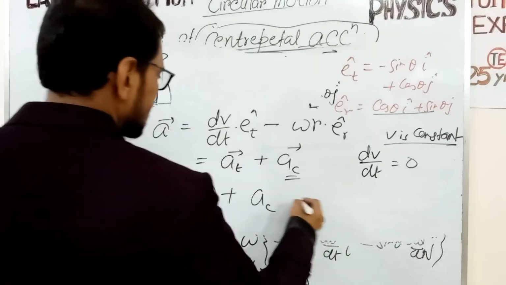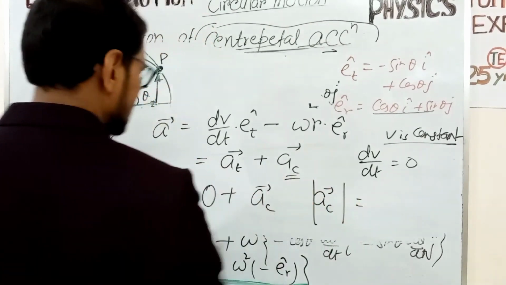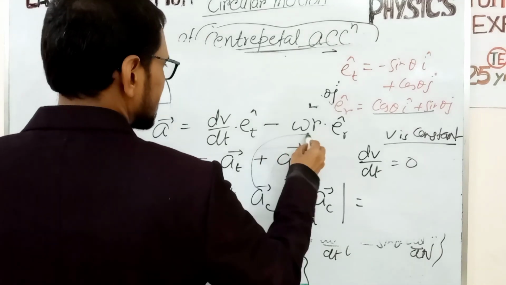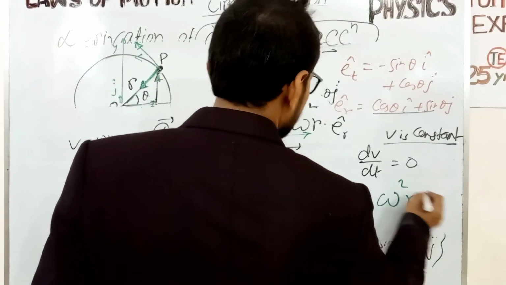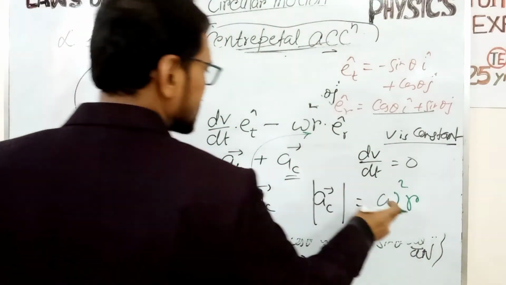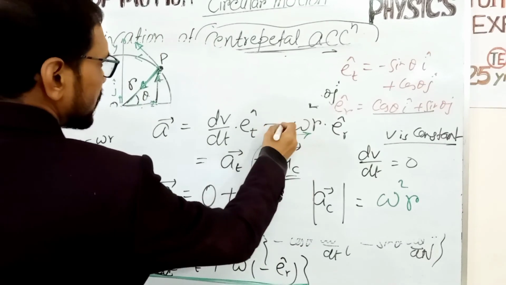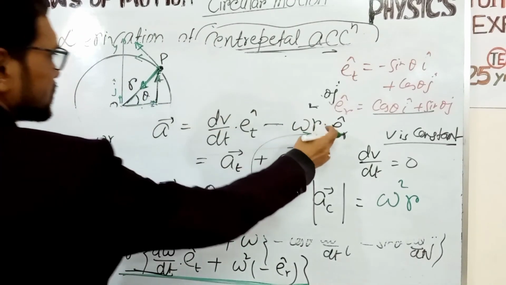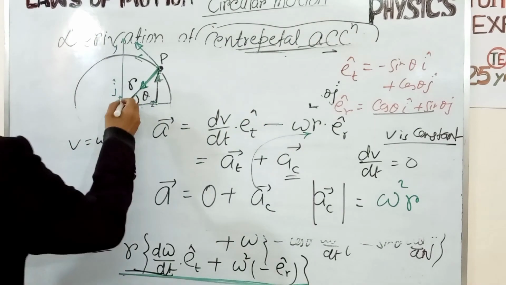Now what is the centripetal acceleration? The magnitude of the centripetal acceleration equals omega square into r, where this is the unit vector and this is the magnitude. We also get the direction of the centripetal acceleration, minus er.